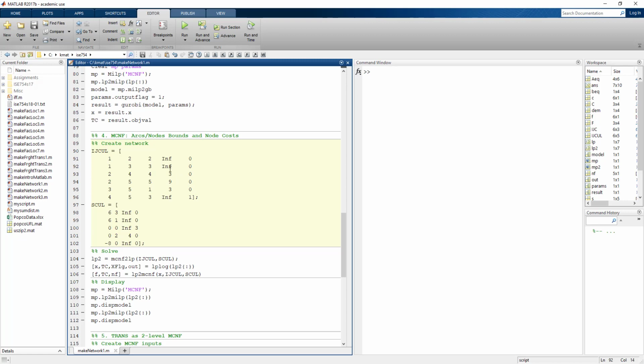By default, the lower bounds are 0. And in that case, we wouldn't need to include the 4th or 5th columns if we're using just the default values. But when we have anything less than infinity for an upper bound, we can include it as an element in the 4th column. And then likewise for the lower bounds, anything greater than 0, we can include as a lower bound for the arcs.